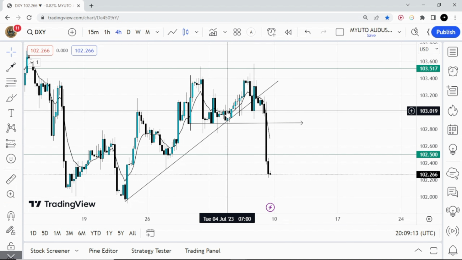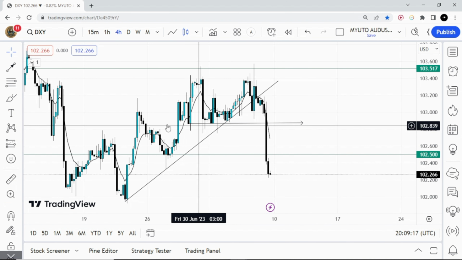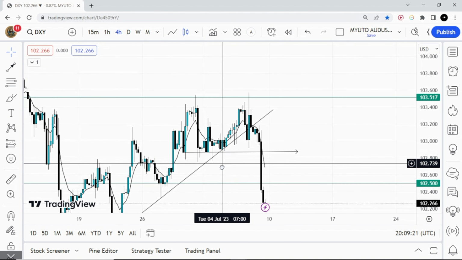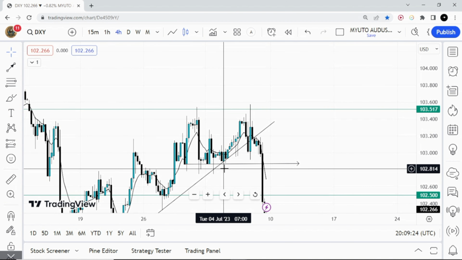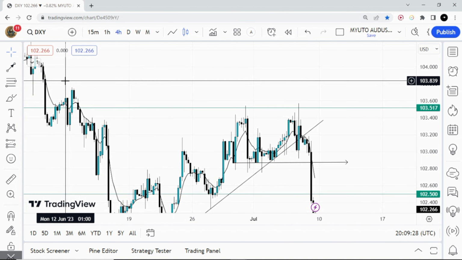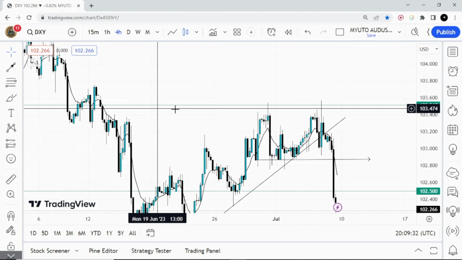But then eventually we failed to surpass 103.40. The target was 103.80, aligning with our previous resistance zone here and our previous support zone here.